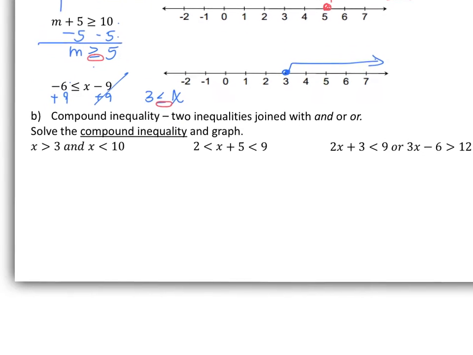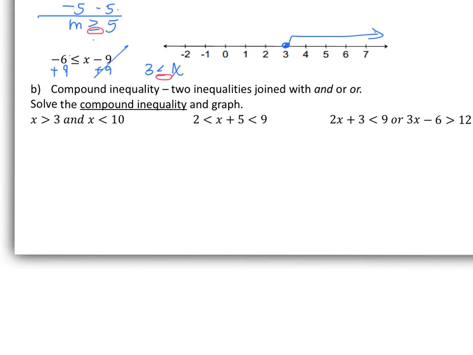Part B, compound inequality. A compound inequality is two inequalities joined with "and" or "or". To solve the compound inequality, we need to combine them. For example, x is greater than 3 and x is less than 10. I could flip this around.